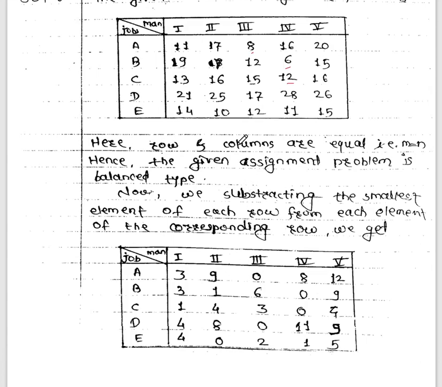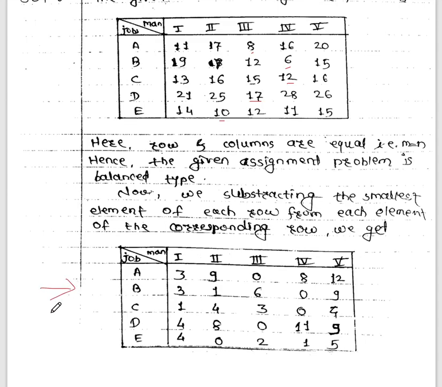Next, 17 is the smallest element, so subtracting from each element we will get 4, 8, 0, 11, 9. And similarly in the last row 10 is the smallest element, so subtracting from each element we will get 4, 0, 2, 1, 0. So this is called the row operation.